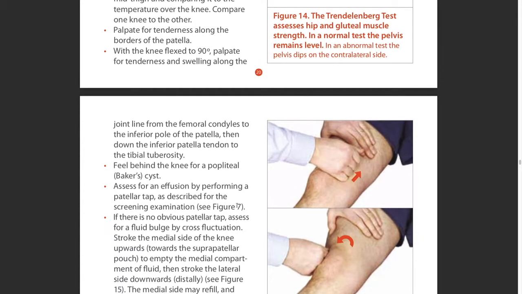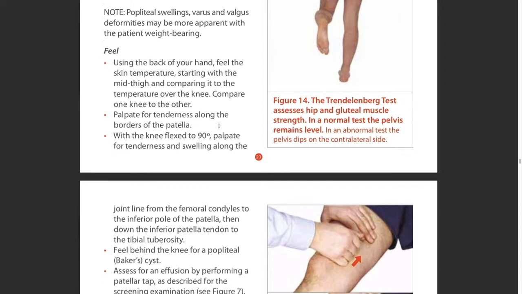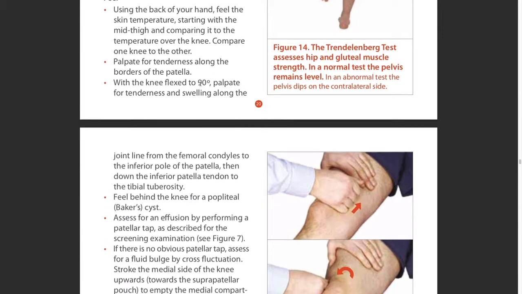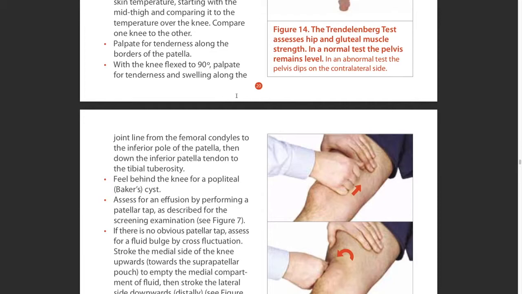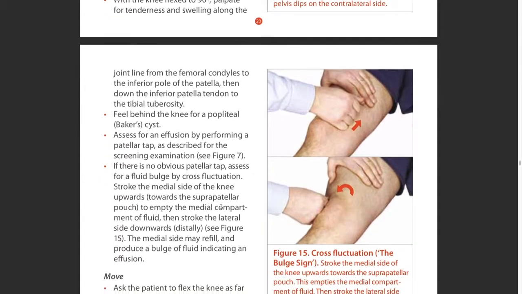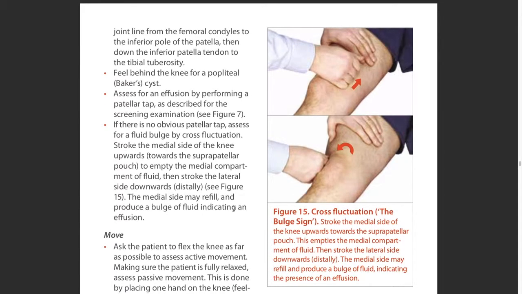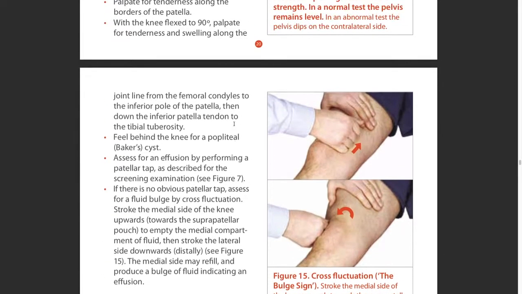Then palpate for tenderness when the knee is straight, and then flex the knee to 90 degrees, palpate again for tenderness, and then feel for popliteal cyst behind the knee. And I think that's all.